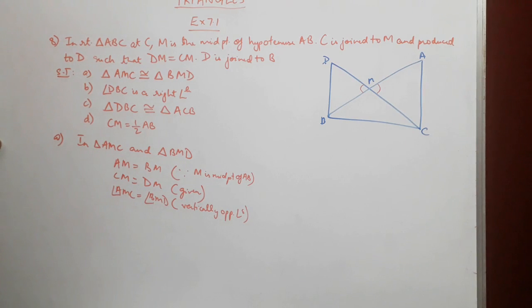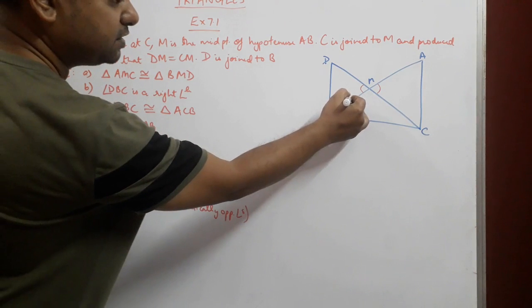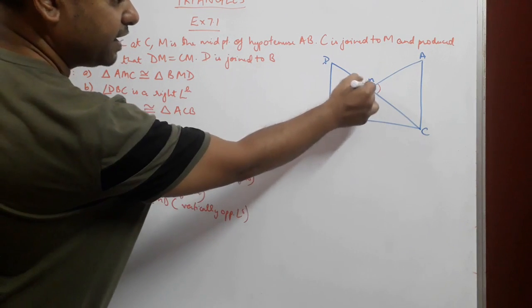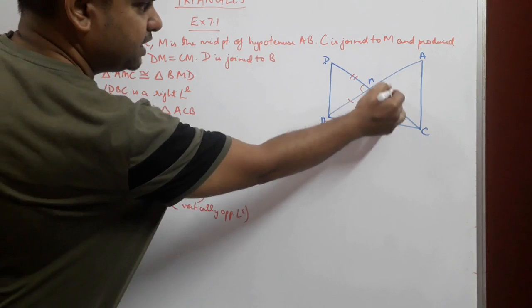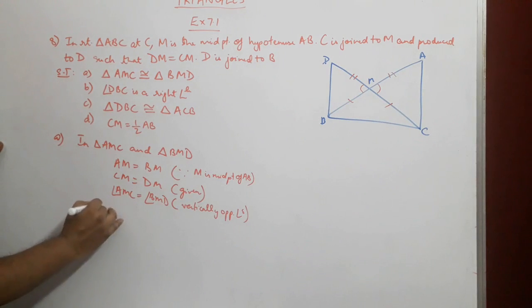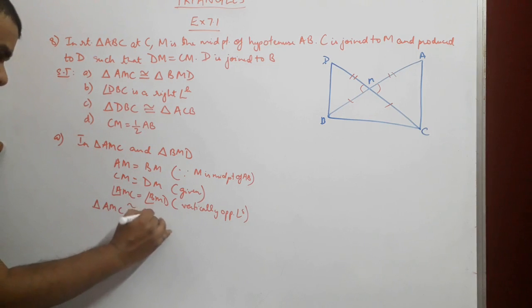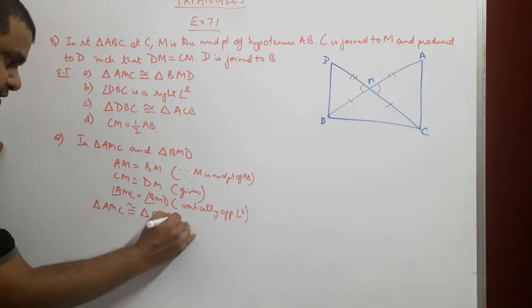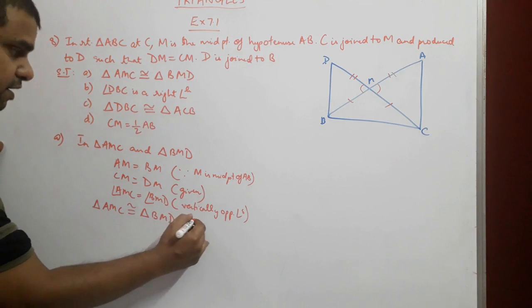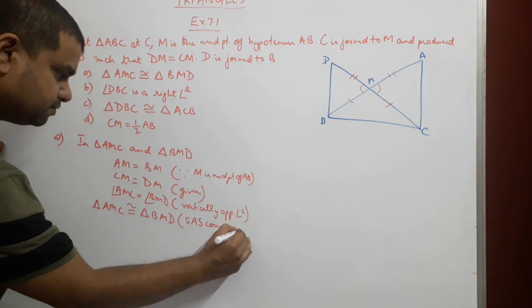Which means now we've got side angle side. So we can show that the triangle AMC is congruent to triangle BMD by SAS congruence criterion.